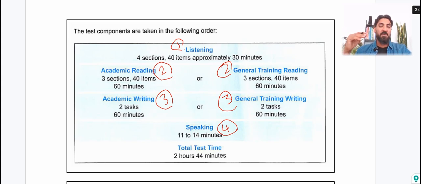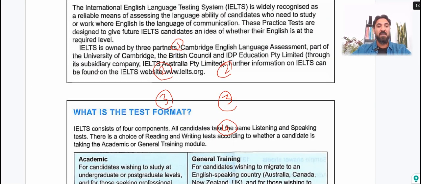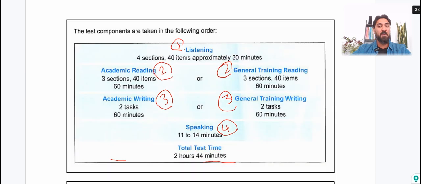What you need to know in this part is, if you remember the last part, whether you are taking the general training exam or the academic training exam, the sections which are the same are the listening and the speaking. So the listening and speaking are the same for students who want to do the academic test or the general test.